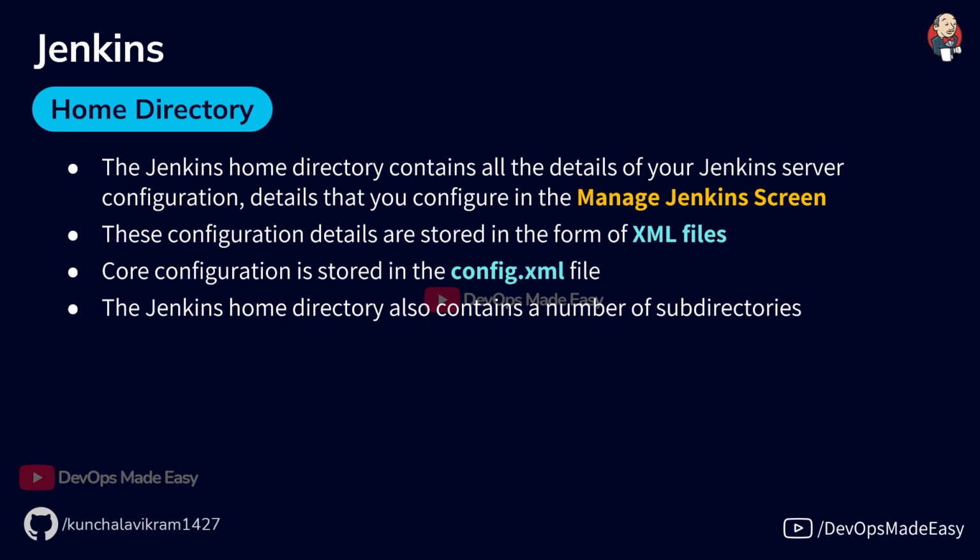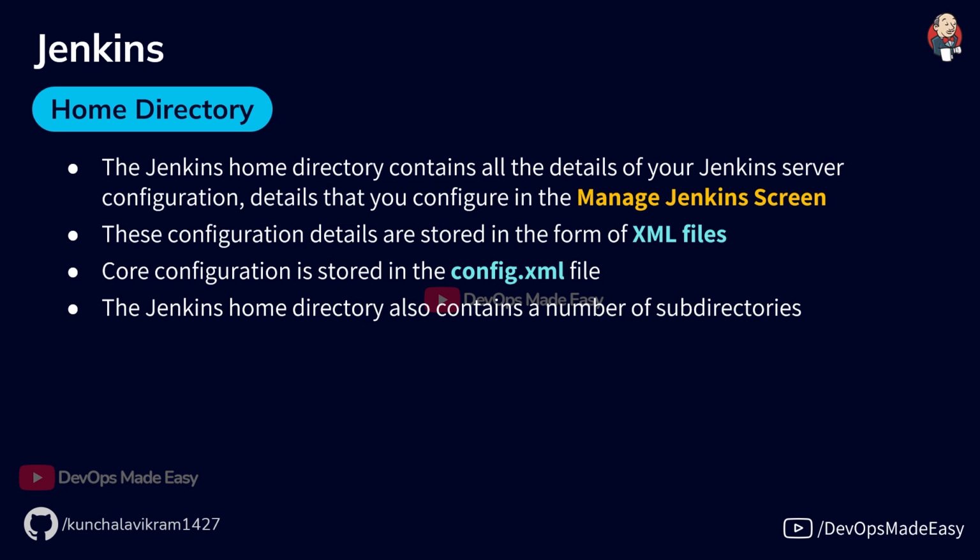All the modifications that you make get dumped into this home directory. These configuration files are stored as XML files, and the core configuration file is stored in config.xml, which resides at the root of your home directory.